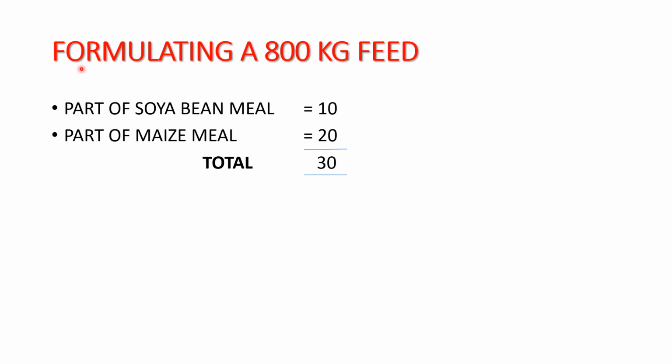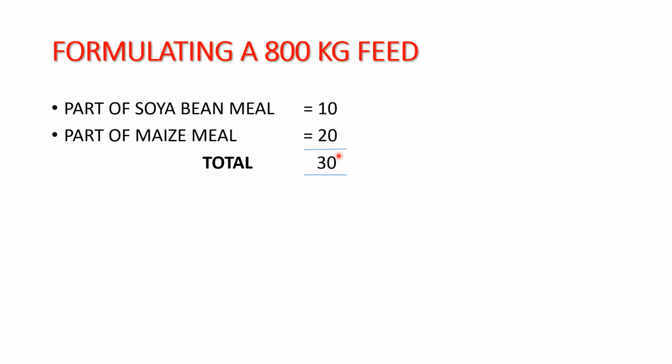So let us now formulate an 800 kg feed as asked in the example. From the last step, we have reached that we're going to take 10 parts of soybean meal, and we're also going to take 20 parts of maize meal.